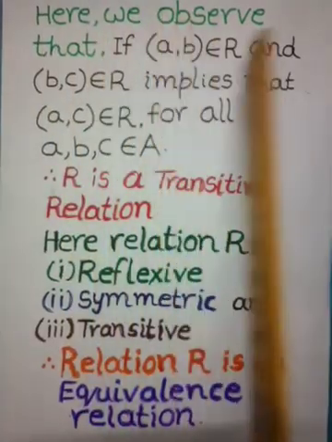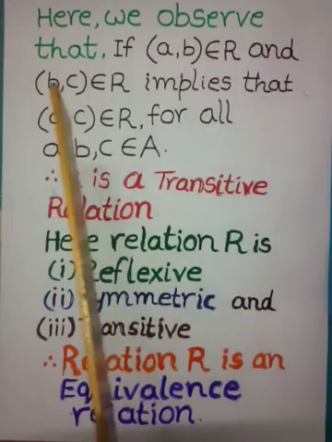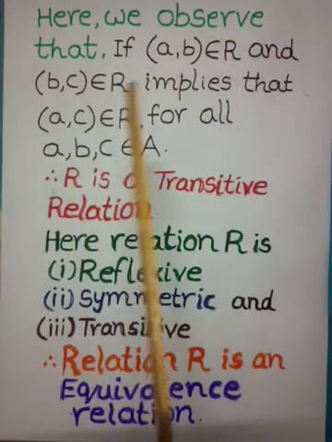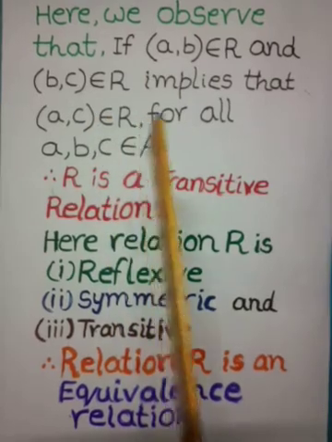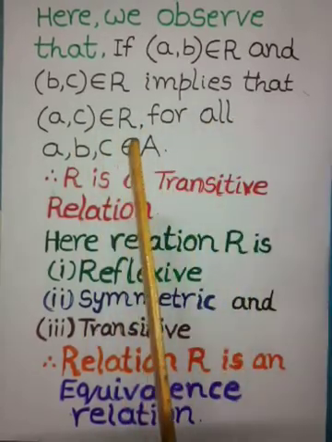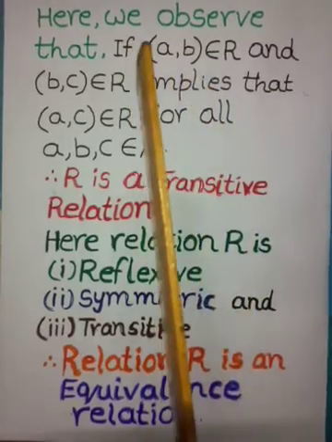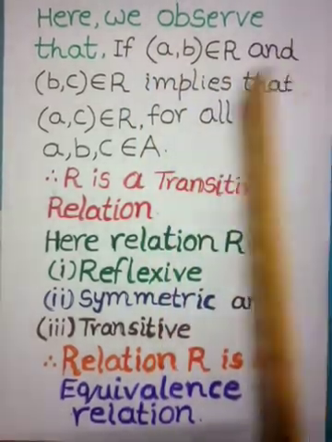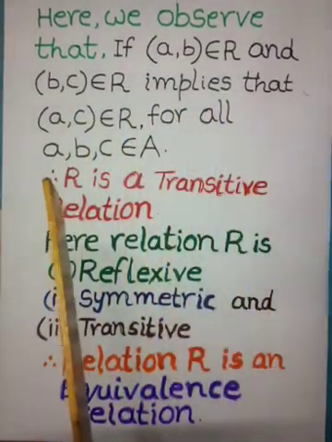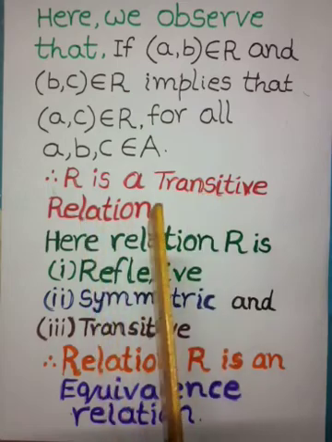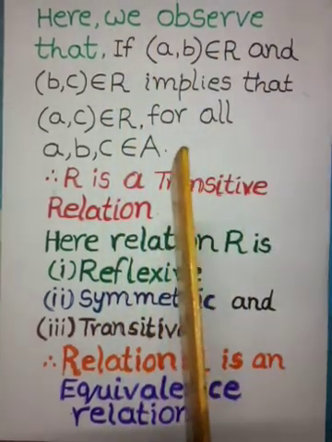Here we observe that if the ordered pair (A, B) belongs to R and the ordered pair (B, C) belongs to R, this implies that the ordered pair (A, C) also belongs to R for all A, B, C belongs to A. This implies that the given relation R satisfies the transitive property. Therefore, we can say that R is a transitive relation. See here, this is the definition of a transitive relation.